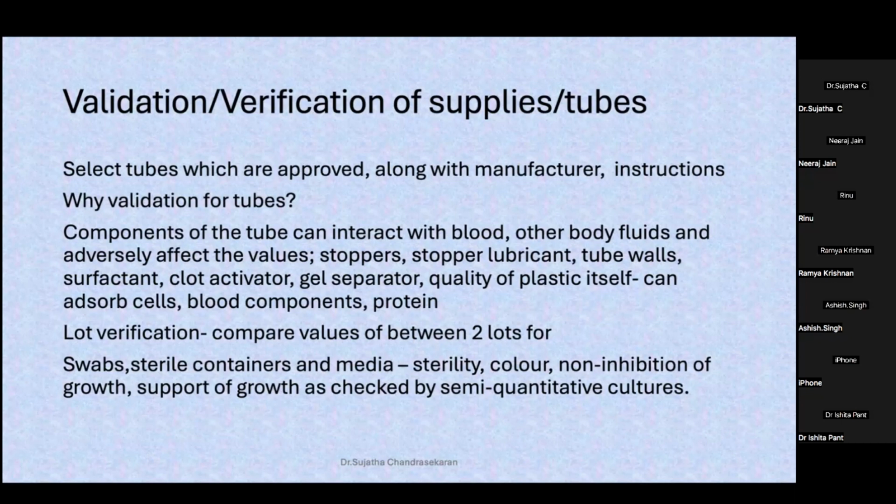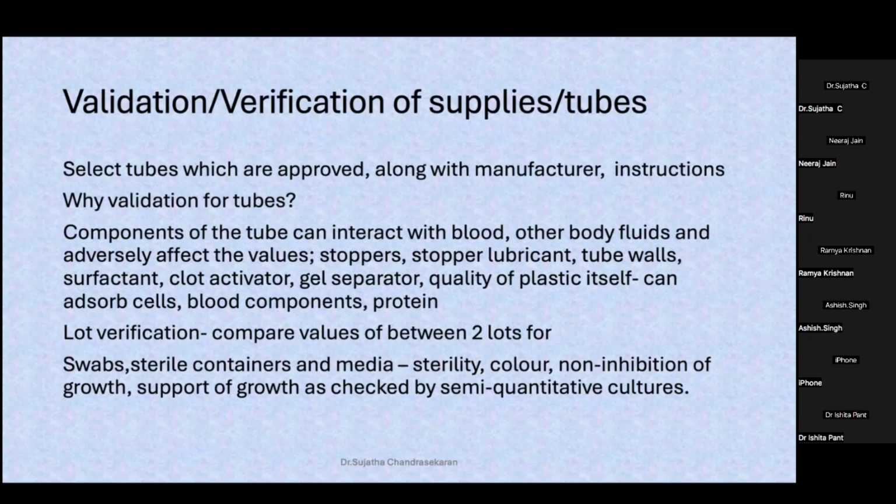Then the stoppers that are used. What is the quality of the stopper? The lubricant that is used with the stopper again can interfere with the assay. Tube walls. What is the surfactant used? Otherwise, your sample will get stuck and then some of the analytes will be selectively lost.